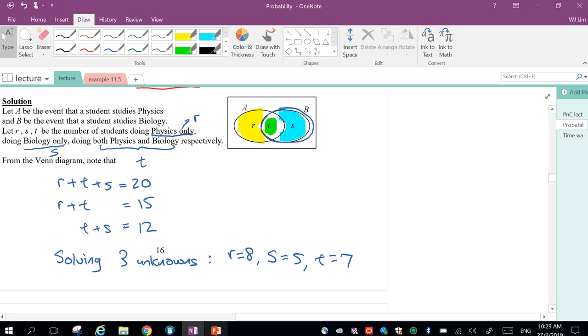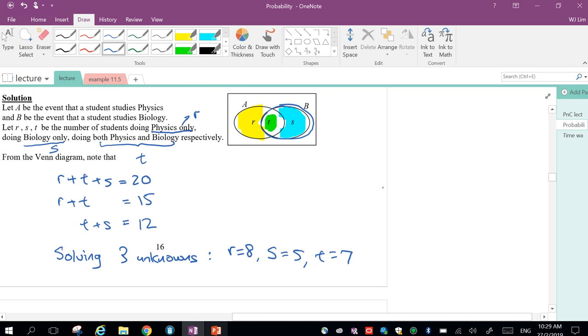Okay, so with that, what is the question asking? Find the probability that a student chosen studies both physics and bio. So they want the probability of A intersect B, which would be only 7 students study physics and bio out of a total of 25.